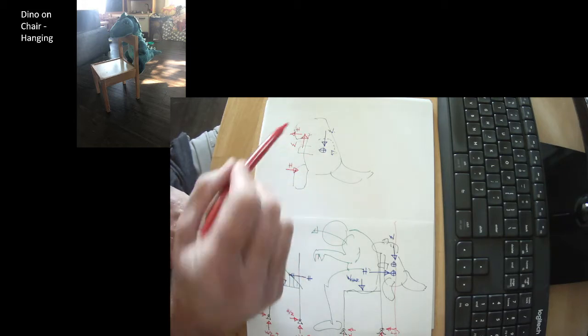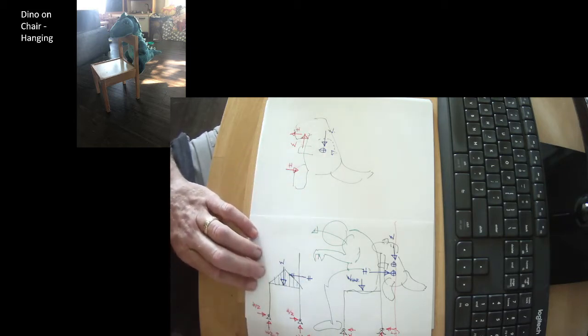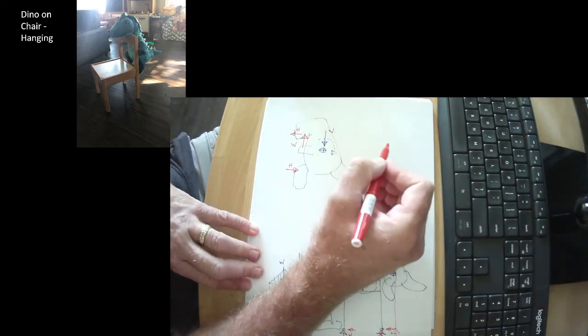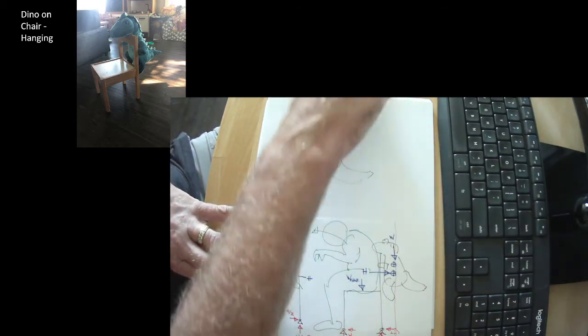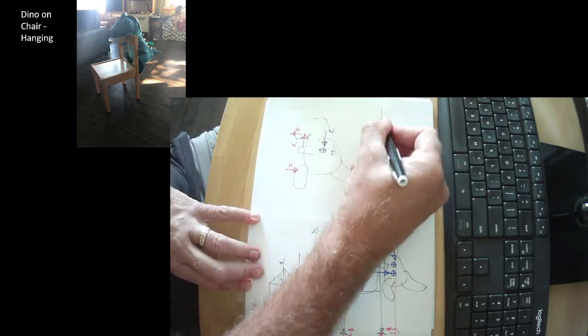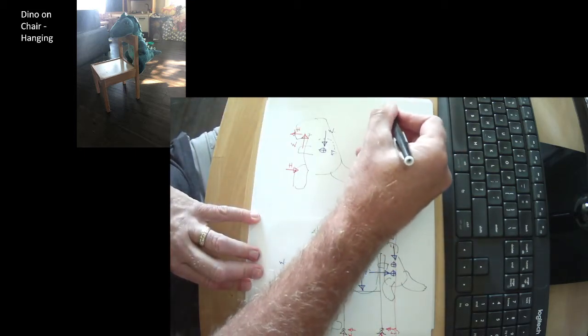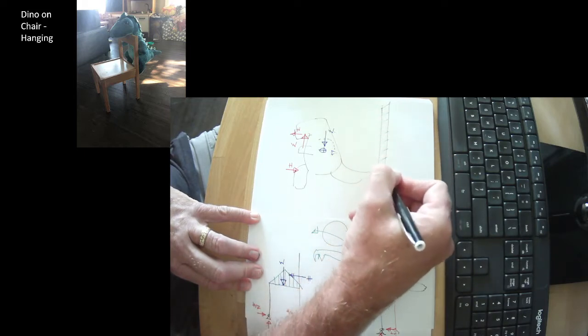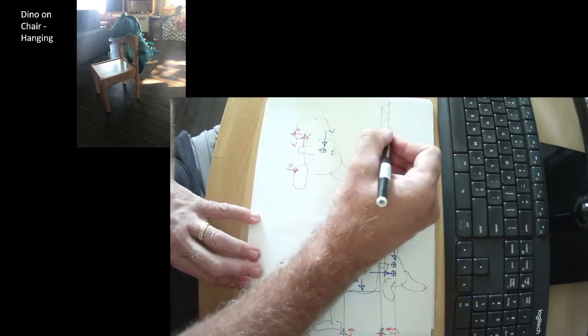So you wonder, you say, okay, but does that have any application in the real world? Well, it sure does. Let's look at a situation where we've got someone climbing a vertical ladder. What are the loads on this?